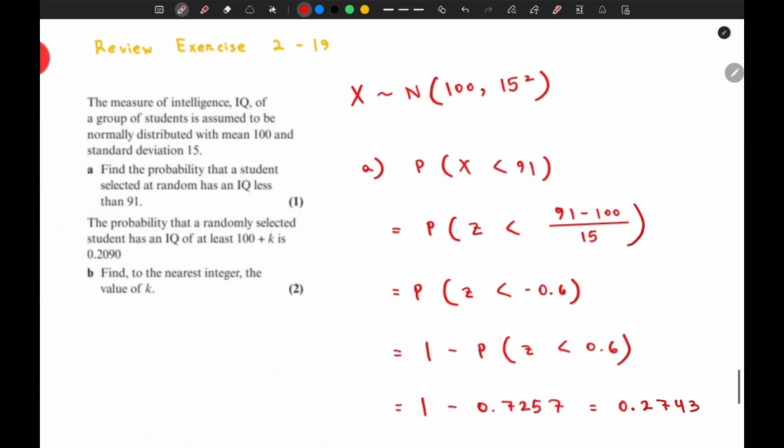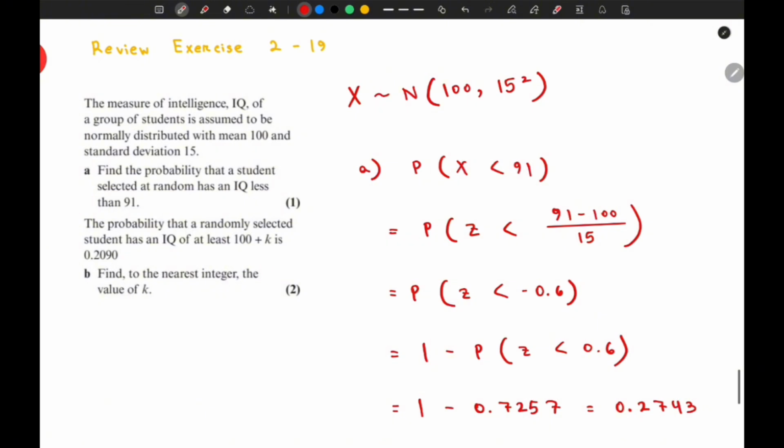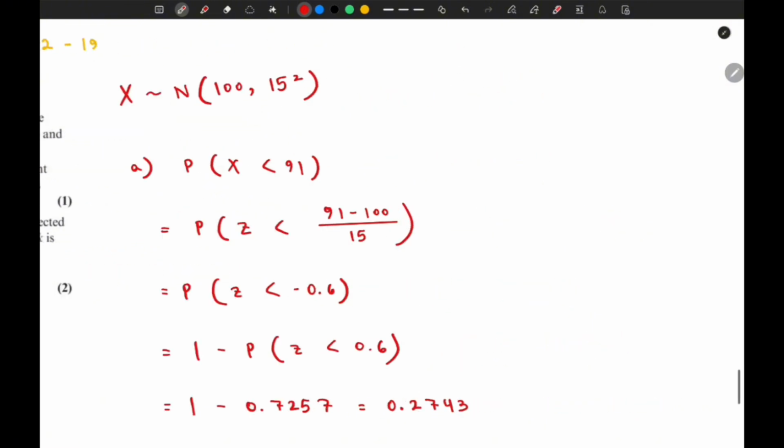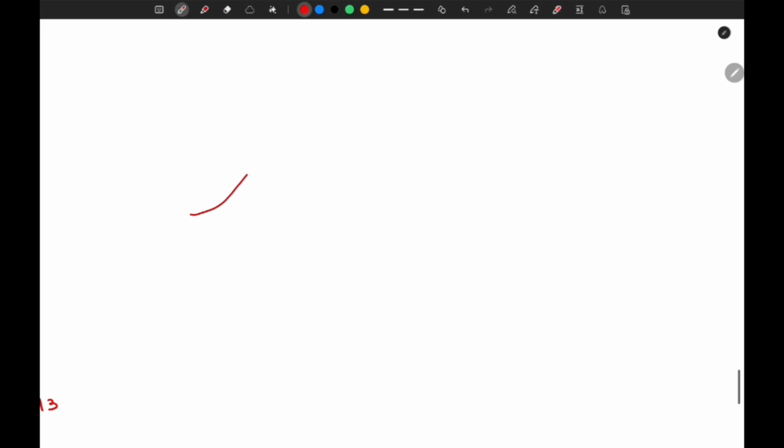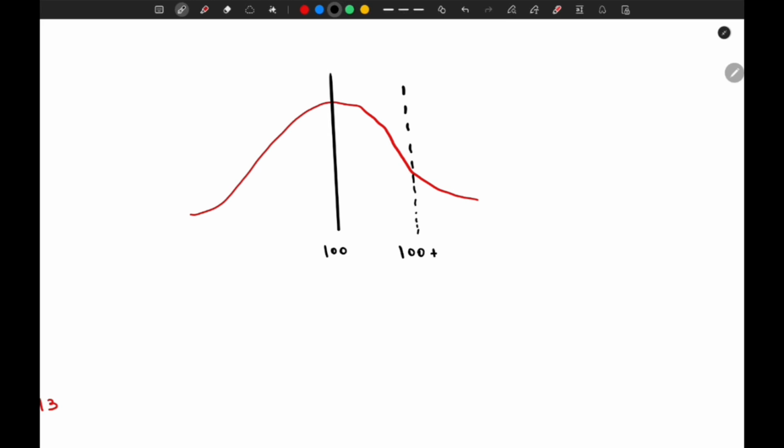Alright. So let's assume that the mean value is 100. We do not have to assume it. They have given us that the mean value is 100. So if we sketch the normal distribution curve, this is the mean, 100. So 100 plus k will lie somewhere around this part. We do not know the value of k. So this is 100 plus k.